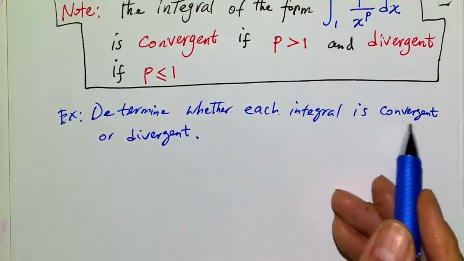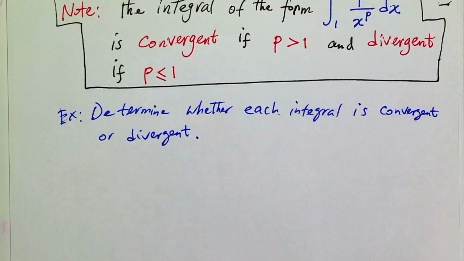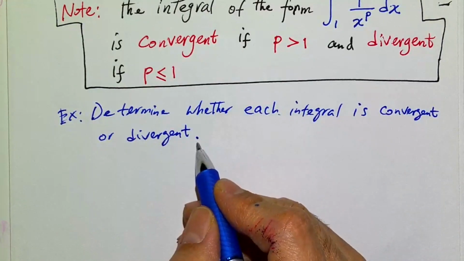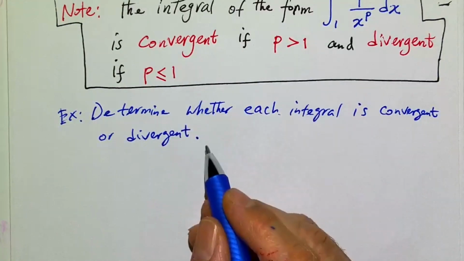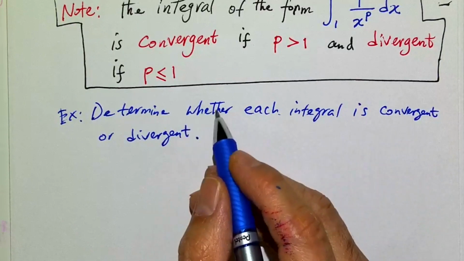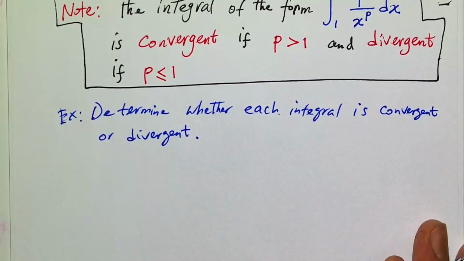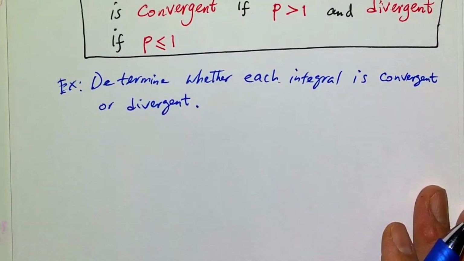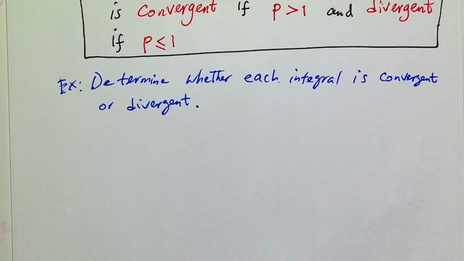And if it's divergent, of course, we won't worry about finding any value or evaluating the integral. But if it's convergent, we want to evaluate that integral.